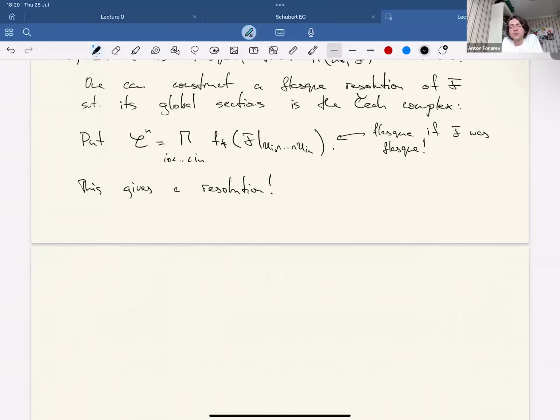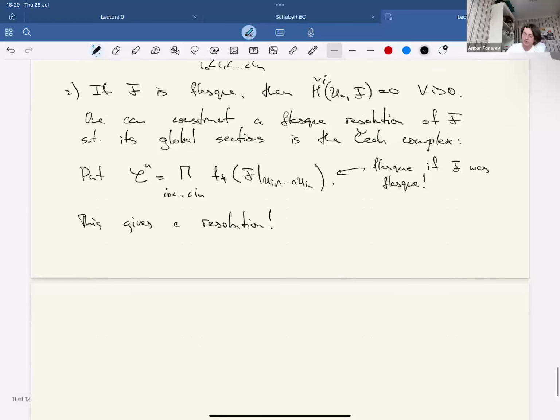So this is a very simple exercise, and this is exactly where I told you we needed to prove that if we have a continuous map of topological spaces and you have a flask sheaf, then the push forward of a flask sheaf is again flask. All right, so we managed to construct a resolution by flask sheaves, but then the global sections of this resolution is precisely the Čech complex.